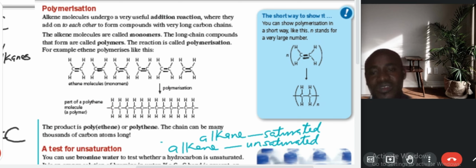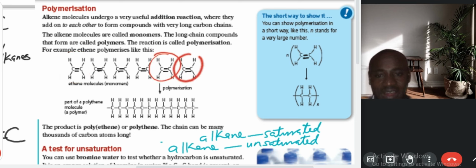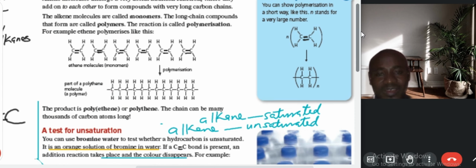An example is ethene. When 6 molecules of ethene join together, they form a long chain which we call polyethene. The chain can be many thousands of carbon atoms. That's polymerization.